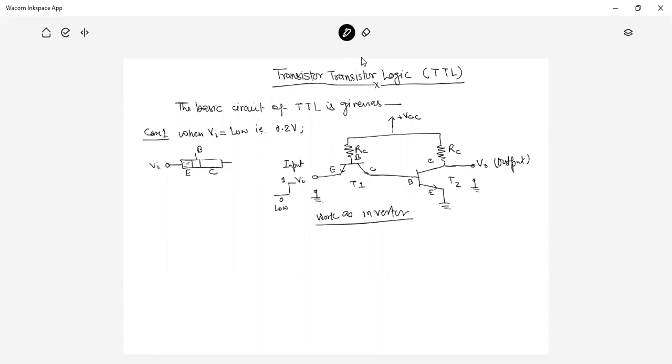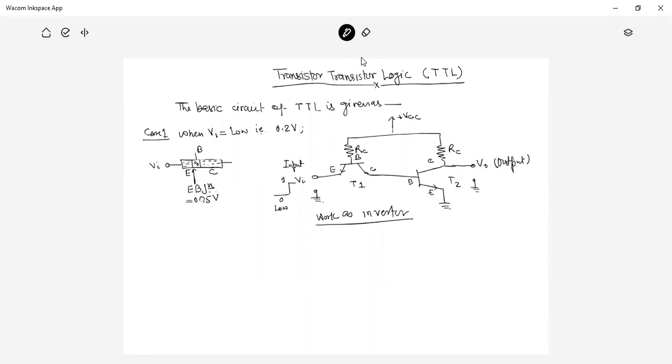Since it is NPN, these are the charge carriers. So this emitter base junction requires 0.75 volt.